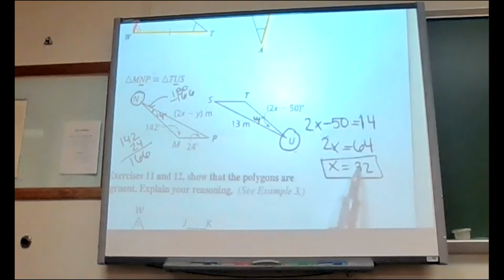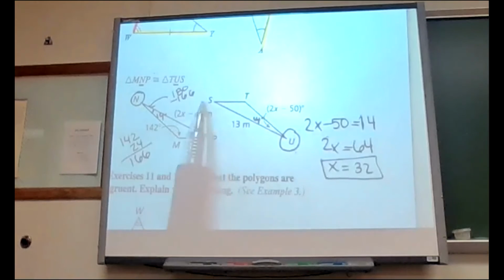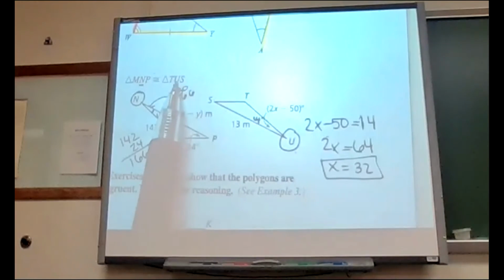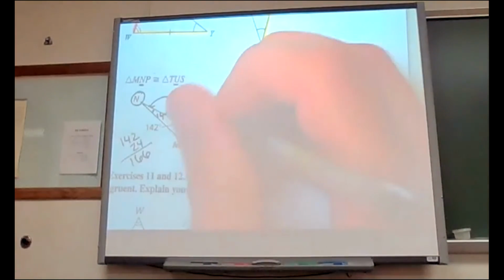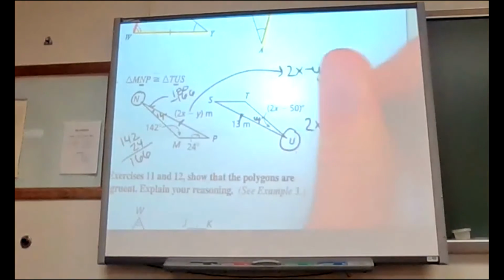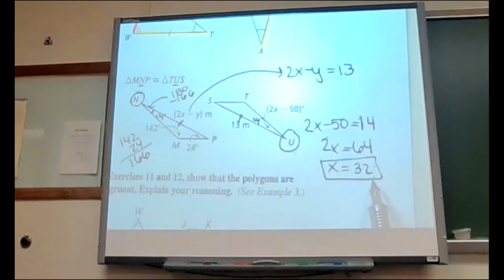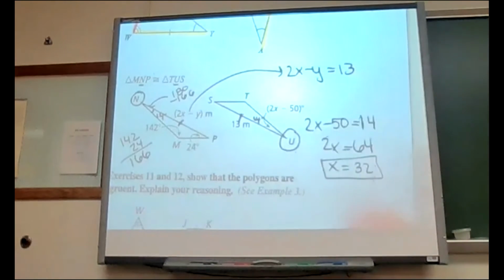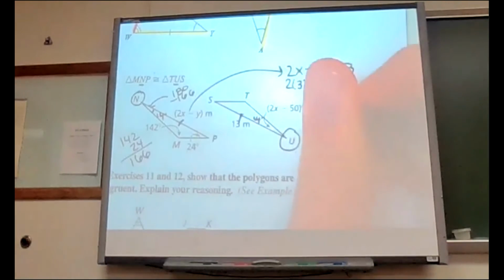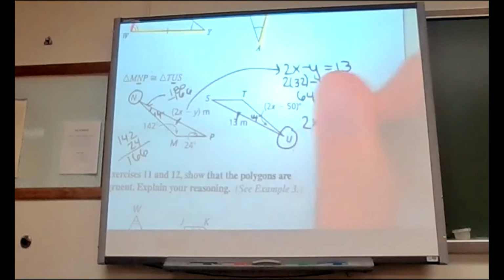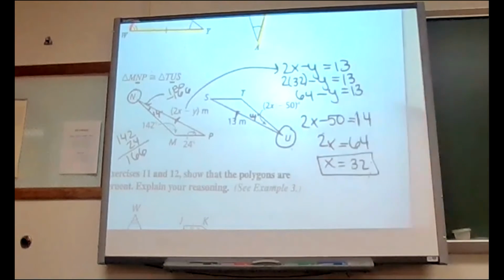So now that I know what X is, I can solve for Y because this side NP, well, it better match SU because that's the only side we have. Let's double check. NP goes to US or SU. So I know that this length corresponds to this length, or that 2x subtract y equals 13. Because I already have solved for X, I can plug that in. 2x subtract y equals 13, or 64 subtract y equals 13.